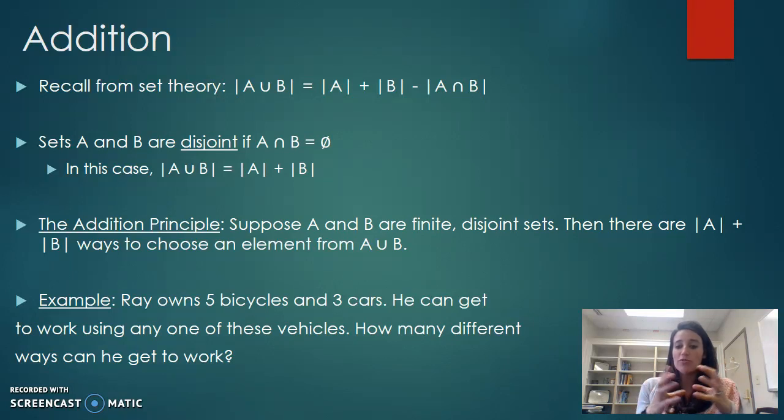So there's no overlap. And Ray can choose any one of the 5 bicycles or any one of the 3 cars for a total of 8 choices for ways to get to work. So when your sets are disjoint, no overlap, you simply add the elements to get the order of the union.